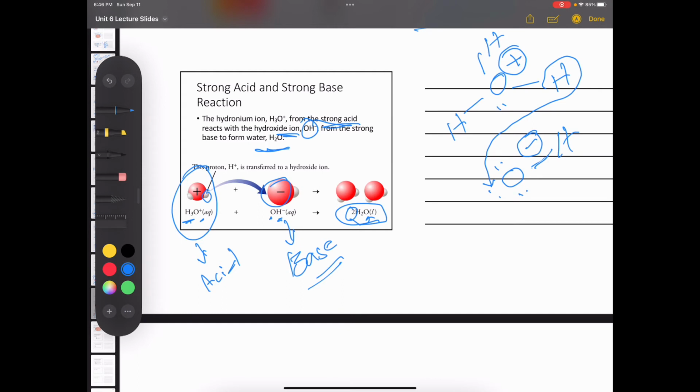Instead of having a hydronium ion with 3 hydrogens and an OH short of 1 hydrogen, you'll have OH, with 2 non-bonding pairs, and you will have another H2O.